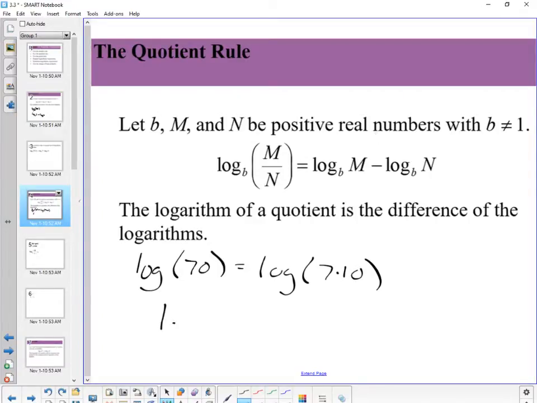That means that I would have log 7 plus 1, because this would be log 7 plus log 10, right? Log 10 is your base. Yeah, so 10 is my base. So 10 to some power gives me 10. That would be 1. So you can do that.